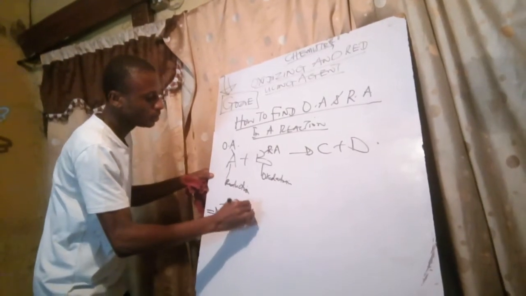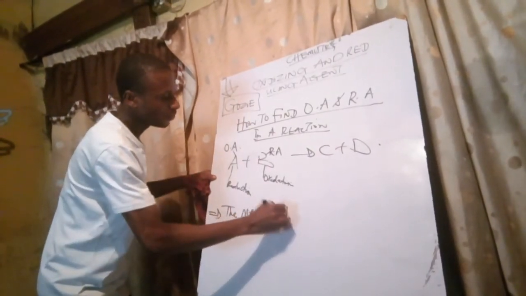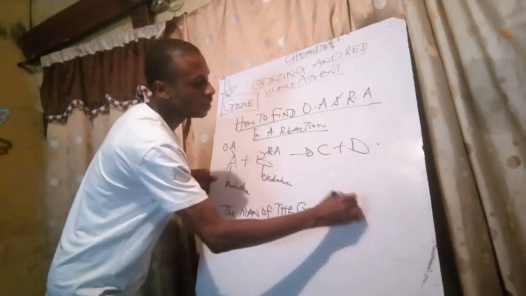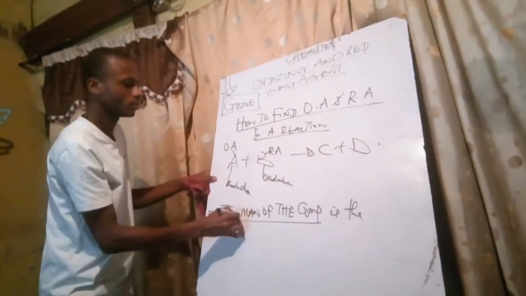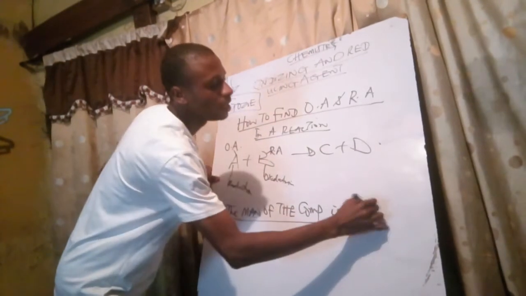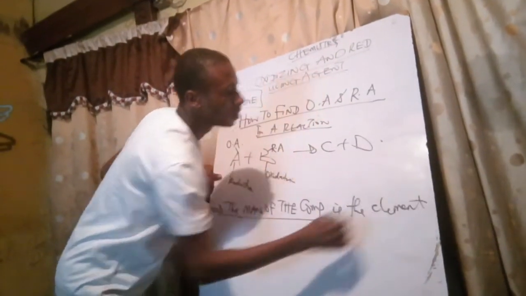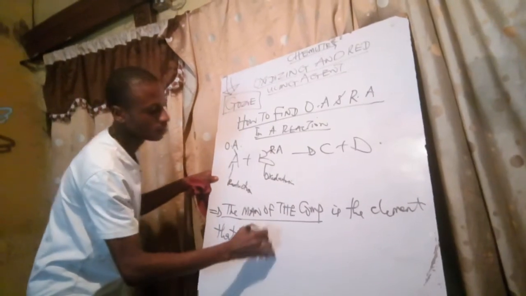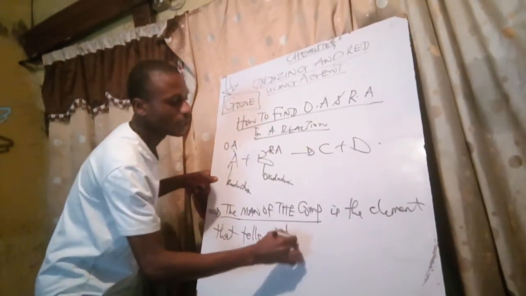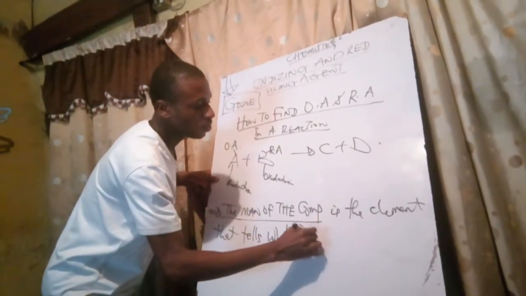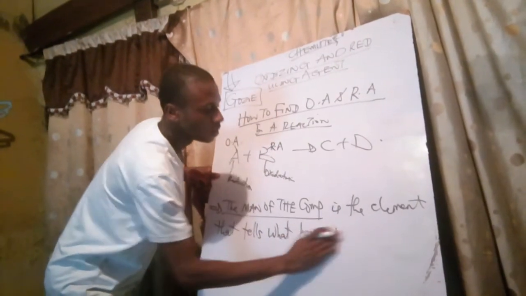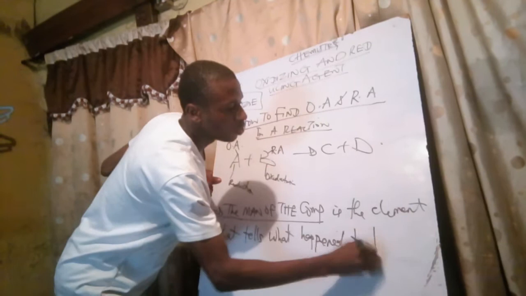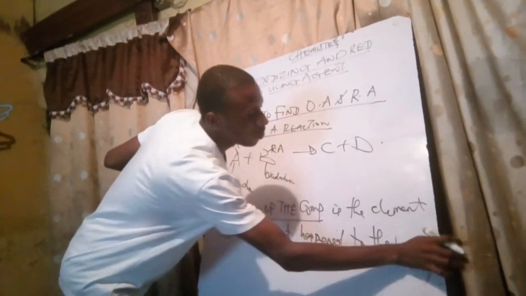The man of the compound is the element that tells what happened to the compound.